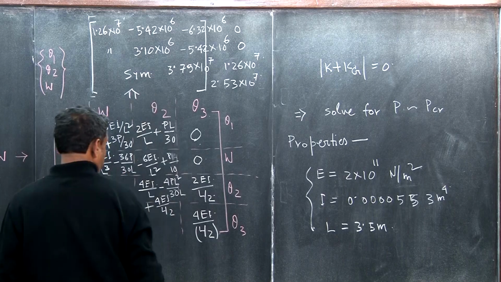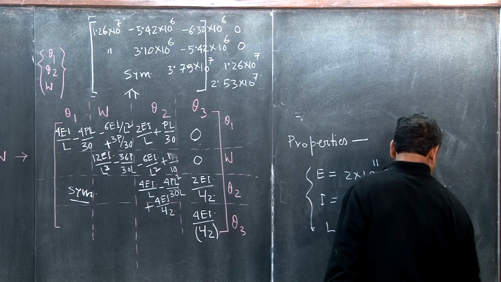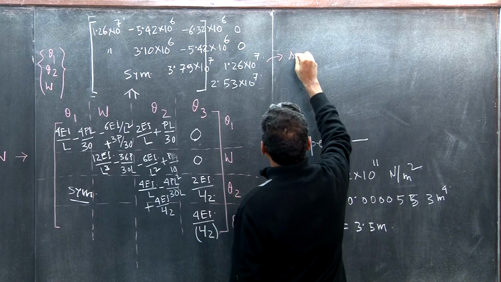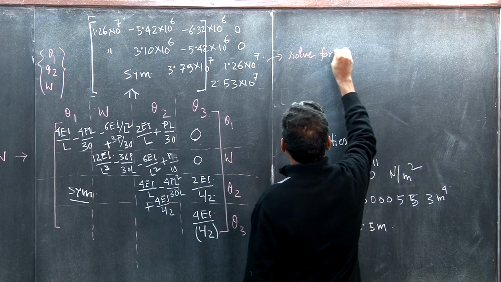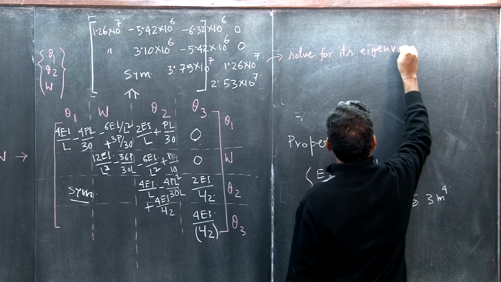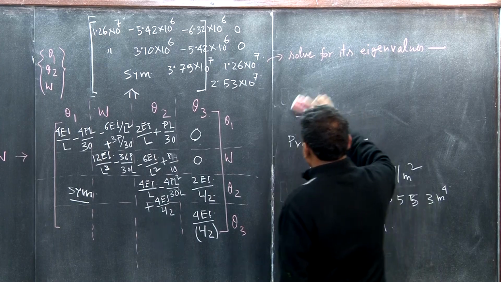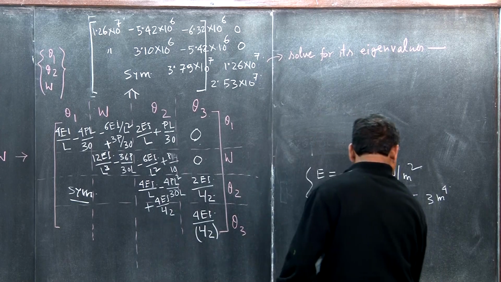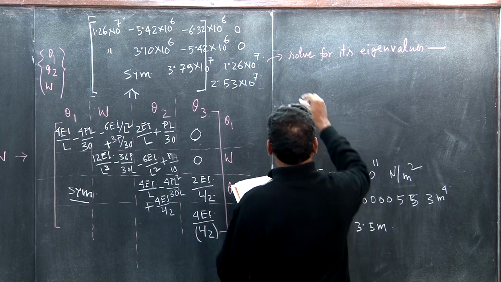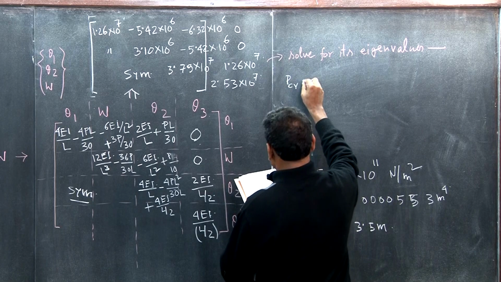Okay. Now, if you write it, find its eigenvalues. So solve for its eigenvalues. The eigenvalues will give you P critical.